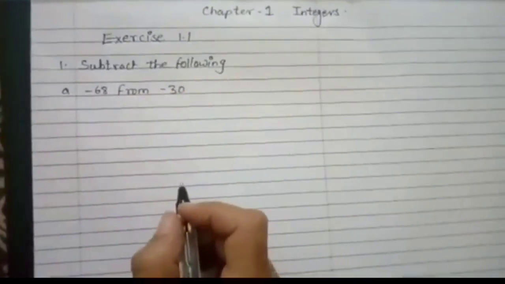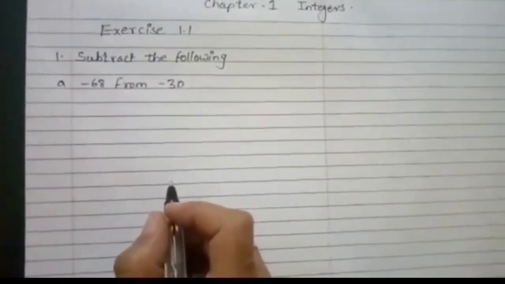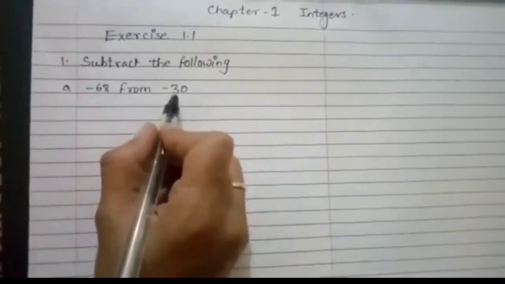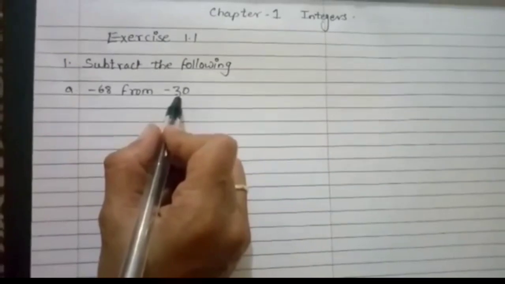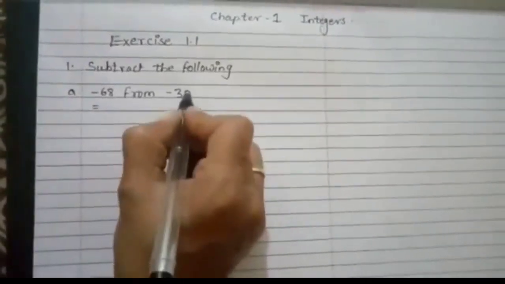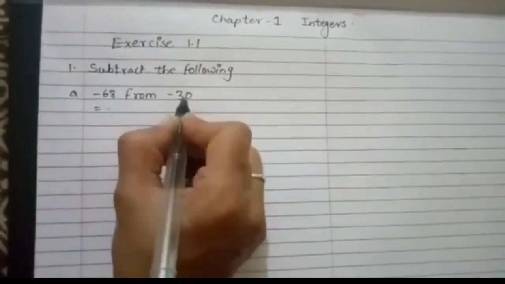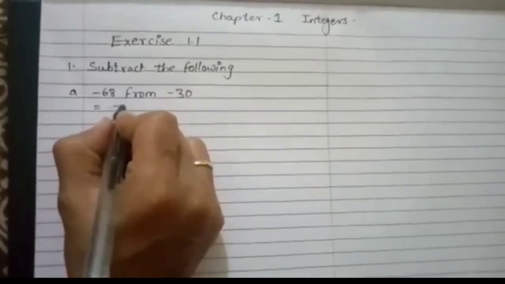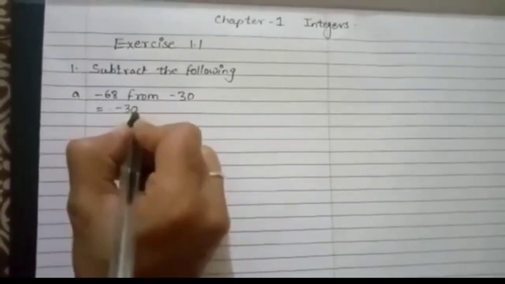This is the question, you have to write like this only. We have to subtract minus 68 from minus 30. Okay student, that means which number will come first? After the word from, whichever number comes, you have to take that first. That means minus 30 you have to take first.